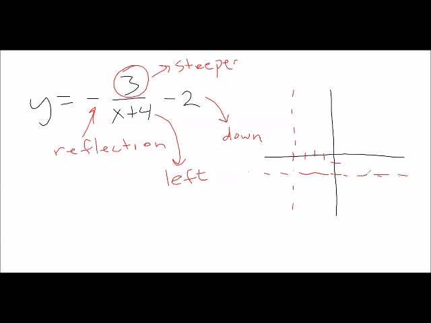So that negative out front is going to flip this graph so that instead of being in the upper right and lower left, it's now going to be in this upper left quadrant and the lower right quadrant, but still approaching both of those asymptotes. So as we get closer and closer to the asymptotes, we're going to approach that negative 4 value for the x and the negative 2 value for the y.